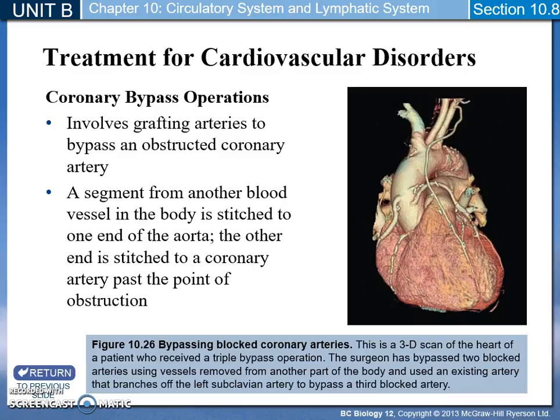So if the coronary vessels are affected, then bypass operations can be done, and you've probably heard of this. It involves grafting arteries to bypass the obstructed sections of the coronary artery. So a segment from another blood vessel in the body then is stitched to one end of the aorta, and the other end is stitched to a coronary artery past the point of the obstruction.